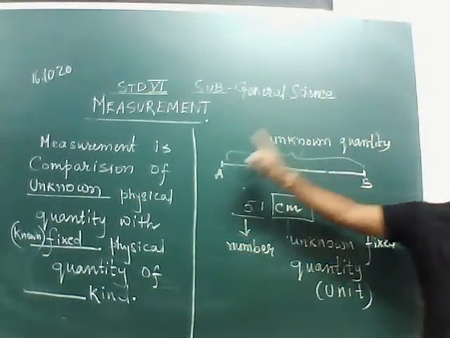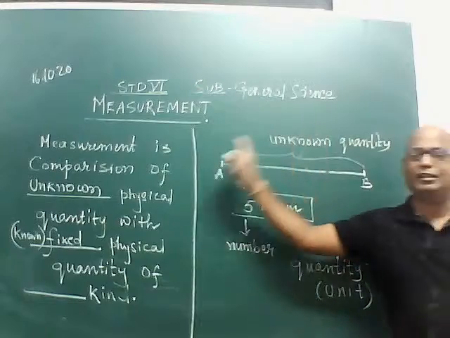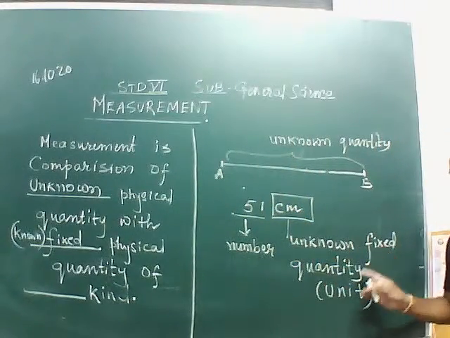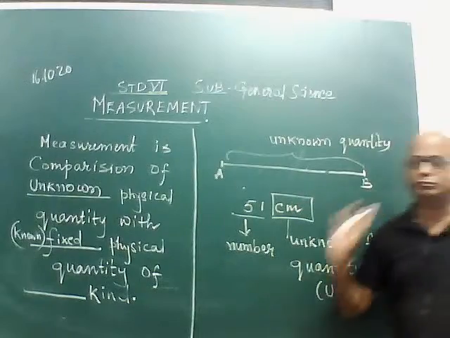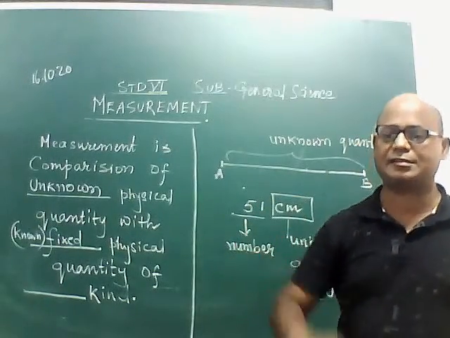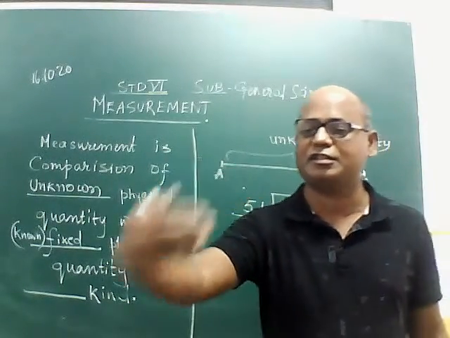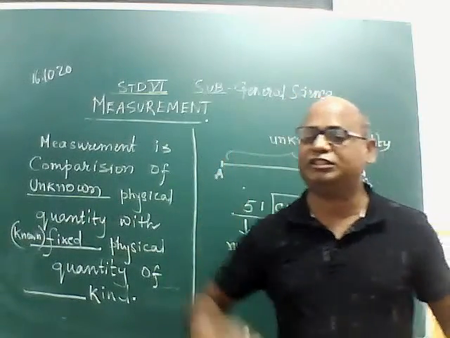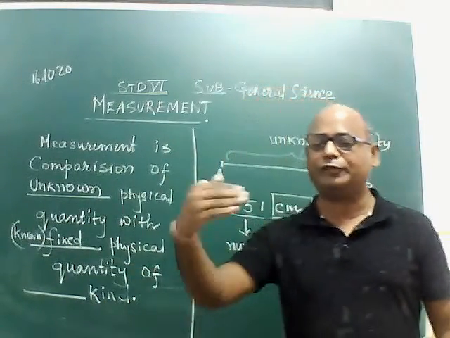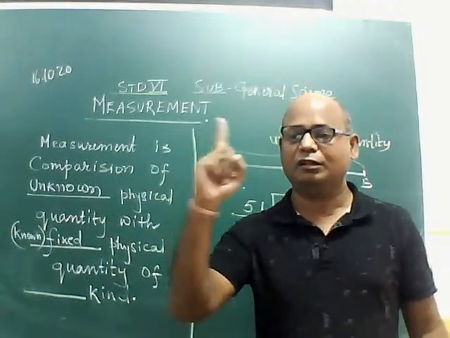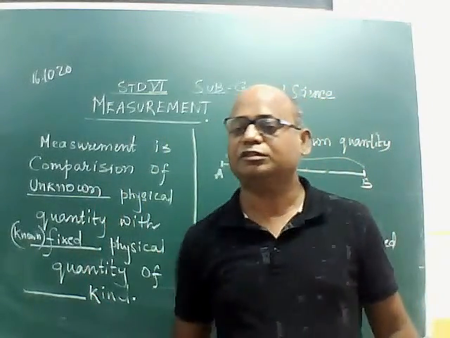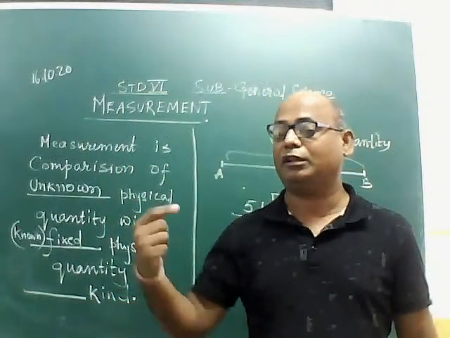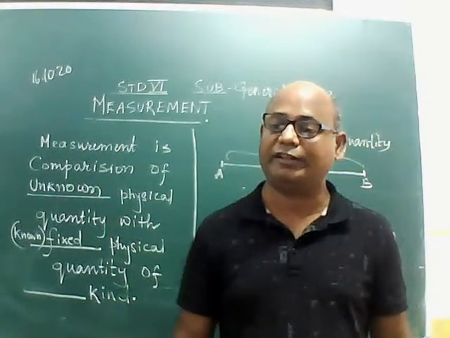Now here, length, which physical quantity is there? Length. So we will compare it with the fixed physical quantity length. Suppose it is mass, we will compare it with the fixed physical quantity 1 kg. Suppose it is time, we will compare with the fixed physical quantity 1 second. Suppose it is temperature, we will compare it with the physical quantity kelvin.